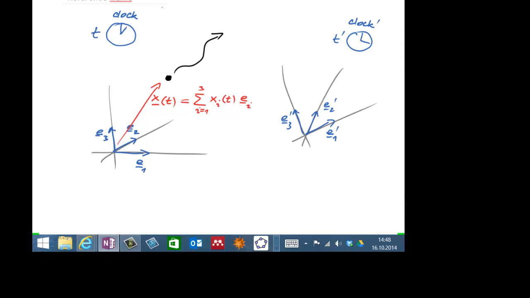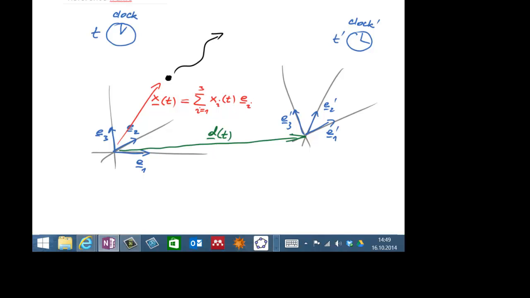So the origin of the second reference frame is shifted with respect to the origin of your first reference frame by a vector d, a distance vector d, and this may actually depend on time.